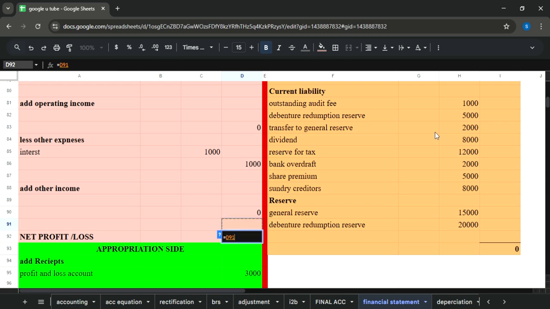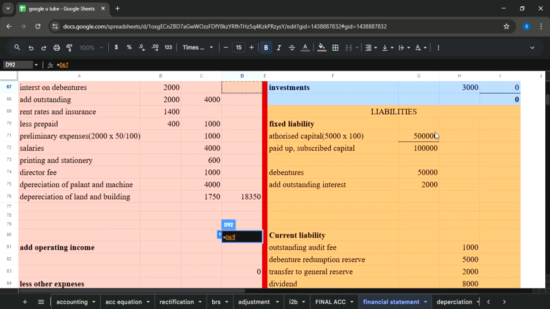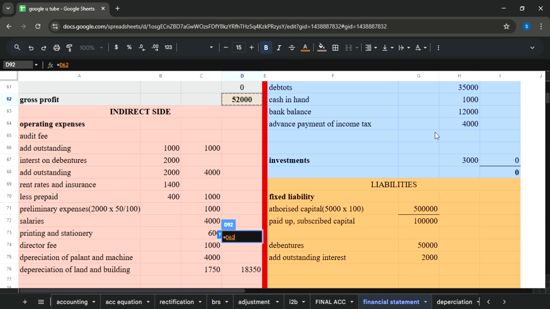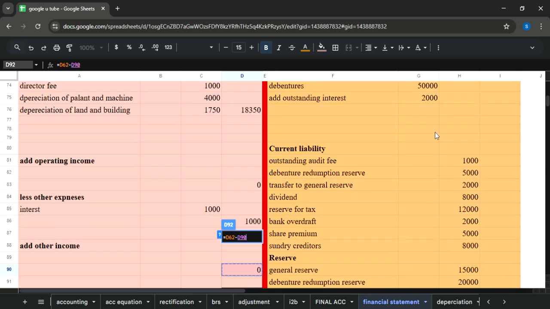First we will take gross profit as usual. Then we will subtract operating expenses here. We will add operating income. Then again subtract other expenses, add other income.